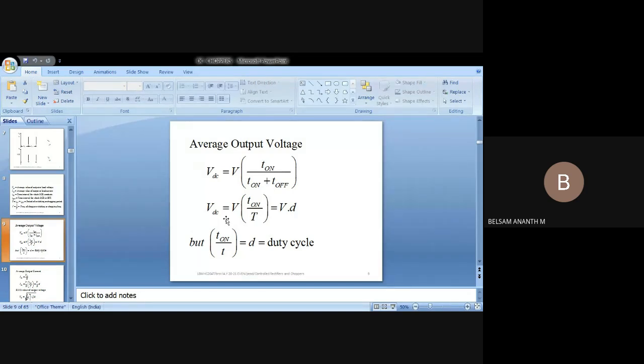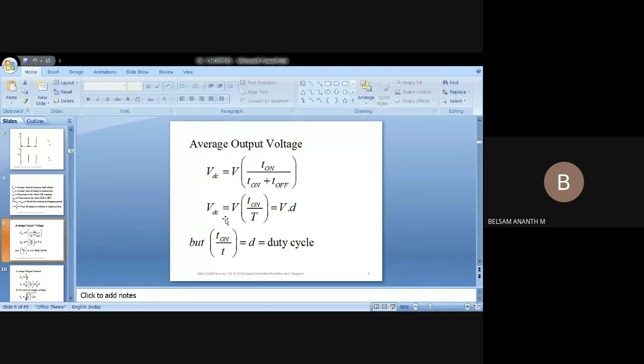So all together, T on by T gives you the duty cycle, which will be taken as small d. Therefore I get the equation VDC, the output voltage across the load, equals V into small d. Small d indicates the duty cycle, represented by T on divided by T, and V is the voltage. It's a simple calculation, and you can remember it.